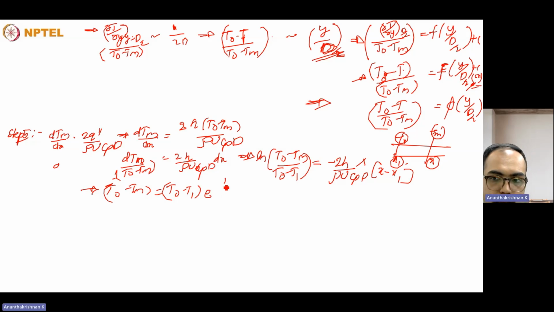So based on that, solving, we'll get e raised to minus of Nusselt number into Peclet number divided by d into x minus x1. So that will be the temperature profile equation.